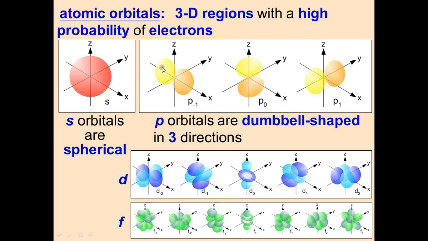P orbitals are dumbbell shaped, so they have two ovals with the center at the point where they're touching at the nucleus. And then d orbitals are four little ovals, and they also touch at the nucleus. And then f has more than four orbitals. They may have 8 and 6 or whatever. But the two important ones you need to know are s and p.